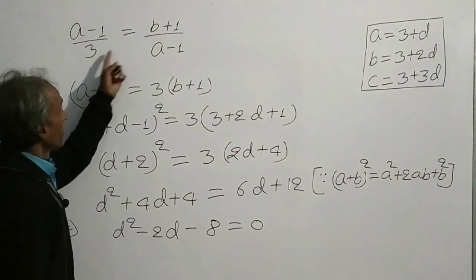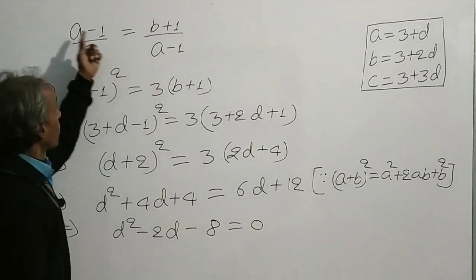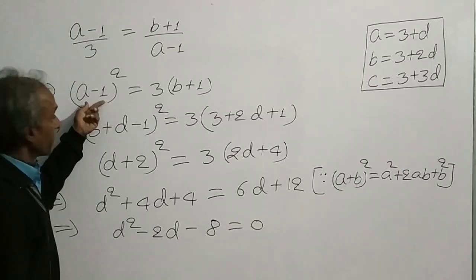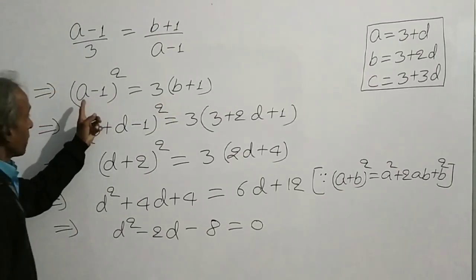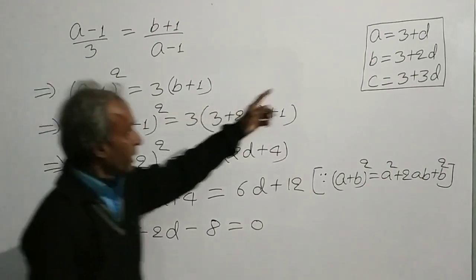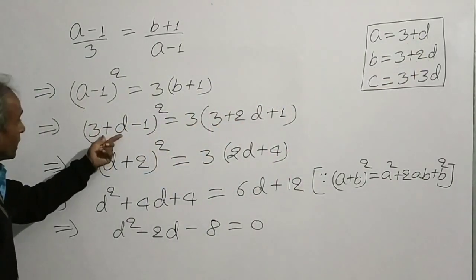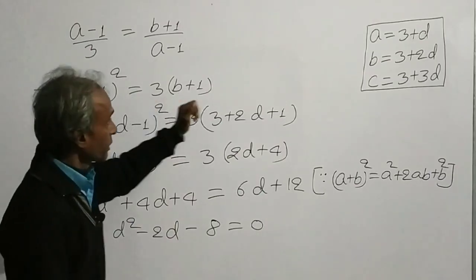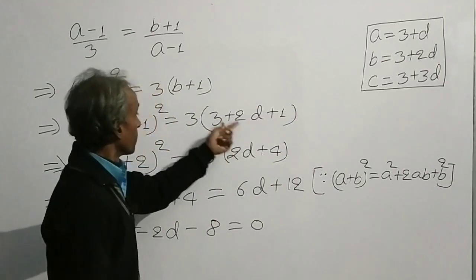Shifting this 3 on the right hand side and this A minus 1 on the left hand side, we get this. Now in place of A, we put 3 plus D, and in place of B, we put 3 plus 2D.